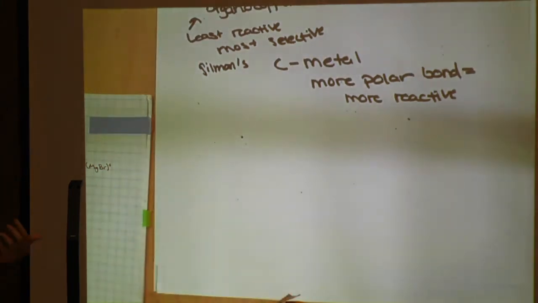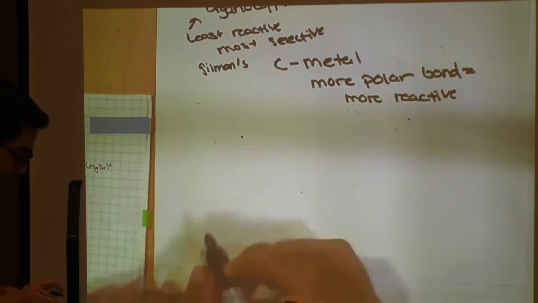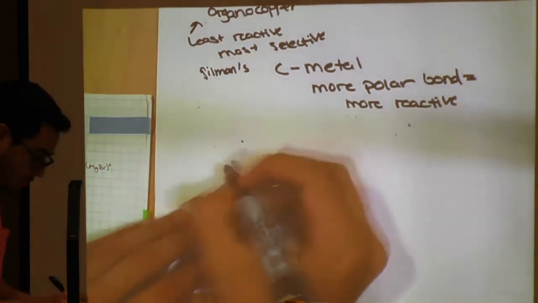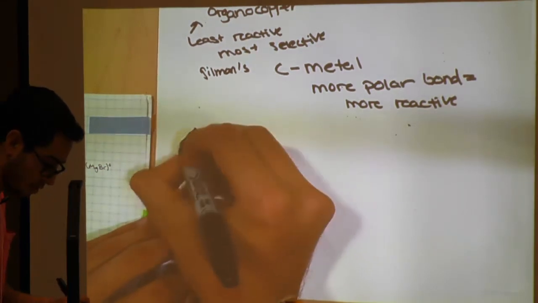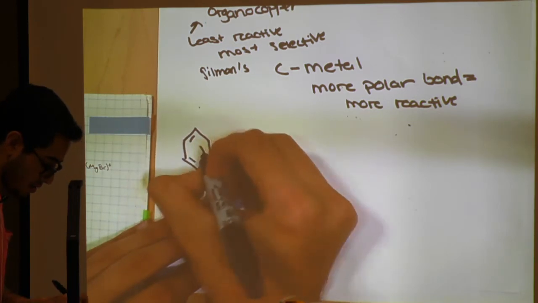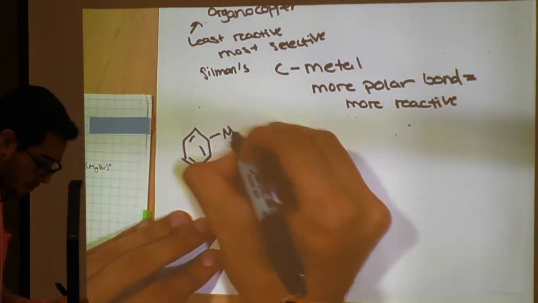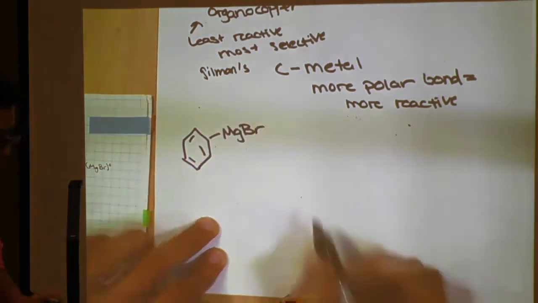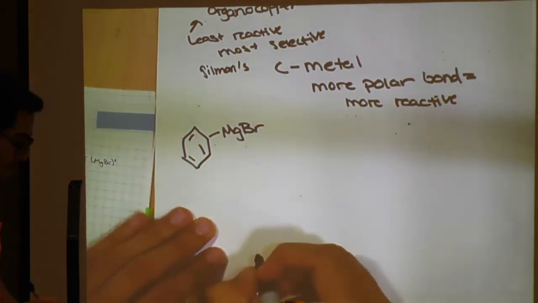Usually when they act as a base, they're already attached onto the main product, and then they get removed and substituted with another group, right? So if we have a conjugated ring, and then we have magnesium bromide attached onto this, here we're going to react as a base.